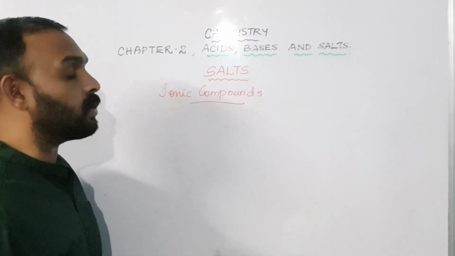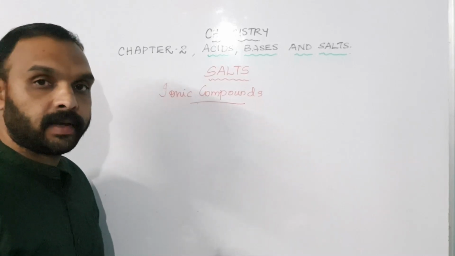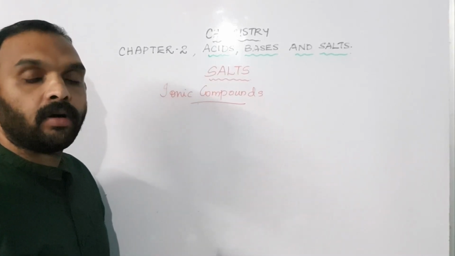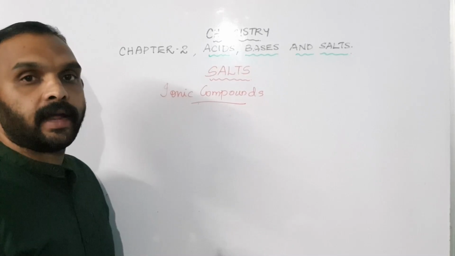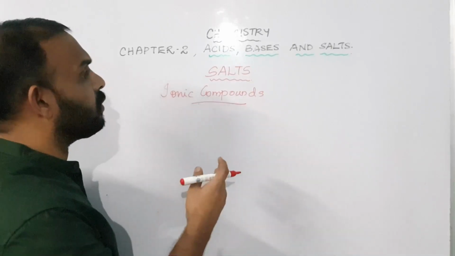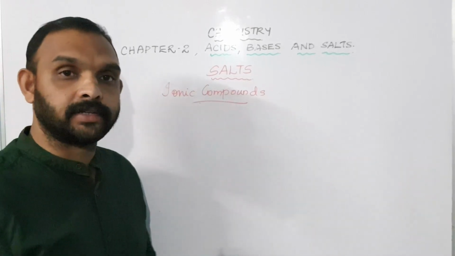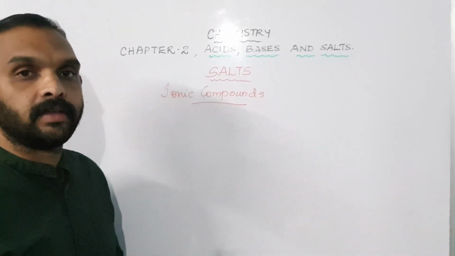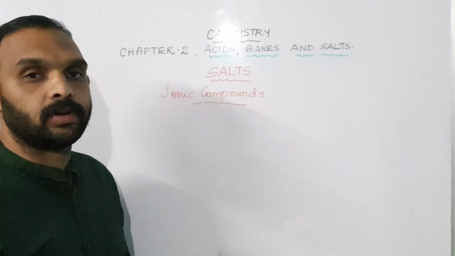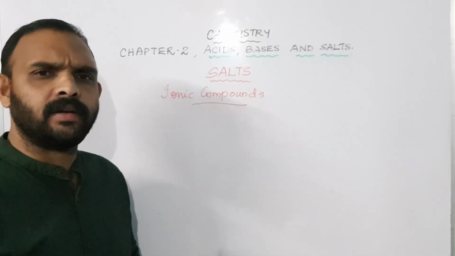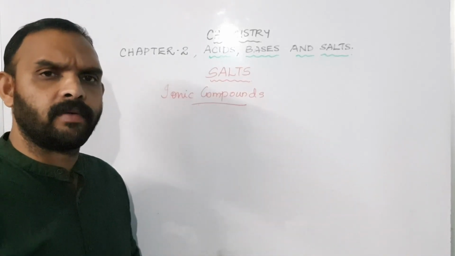More than that, we know a salt is formed by the reaction between an acid and a base. So what about the pH of a salt? Normally from the reaction of an acid and base, we know that a neutral salt will form. Is it that only one salt will form?